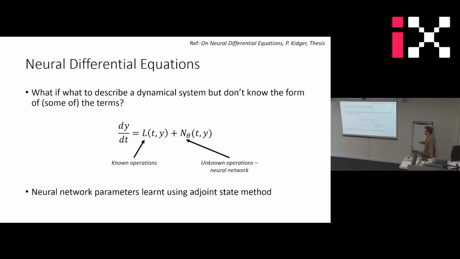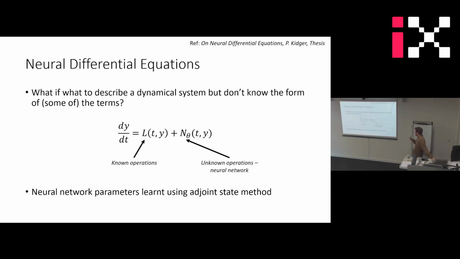But let's say, okay, we've got some dynamical system we want to describe, but there are some effects, some phenomena, we don't really know how to describe them mathematically. So we have how it evolves in time. We've got some known operations, but let's put in something that can describe any term.